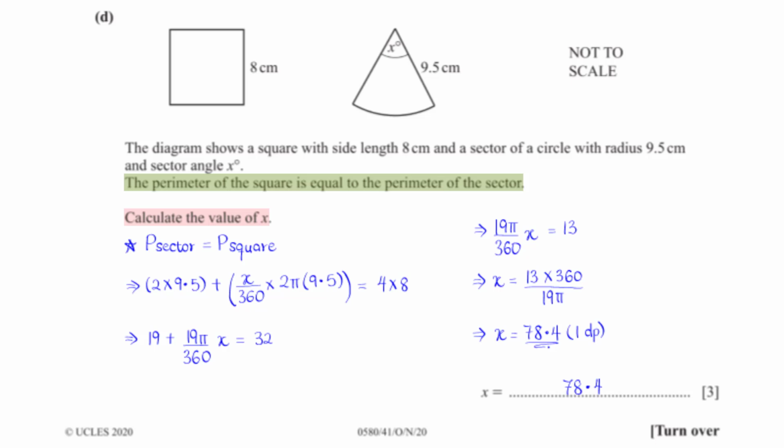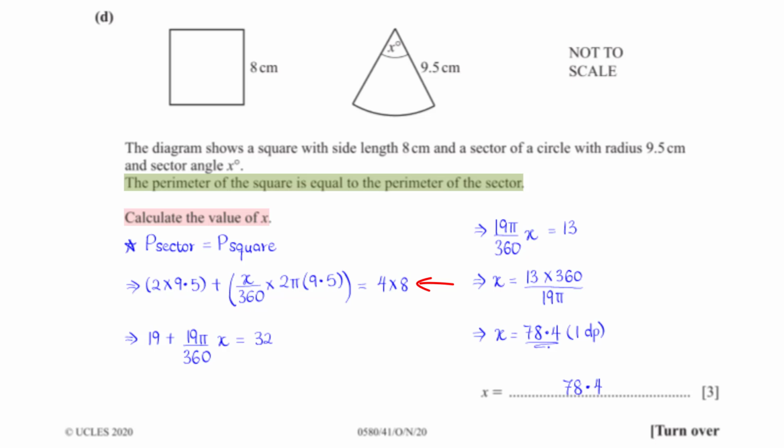We've been told that the perimeter of the sector is equal to the perimeter of the square. The perimeter of the sector is equal to 2 times 9.5 centimeters plus the arc, which is x over 360 degrees times 2 pi times 9.5. And the perimeter of the square is 4 times 8.